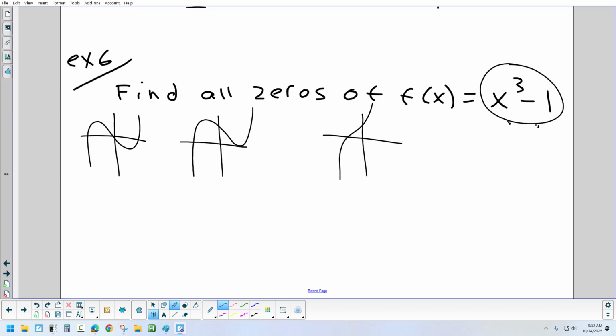But I'm going to guess most people don't know that off the top of their head. Okay. So we'll do it with rational root theorem. What would be my values for p, the factors of the constant in this case?